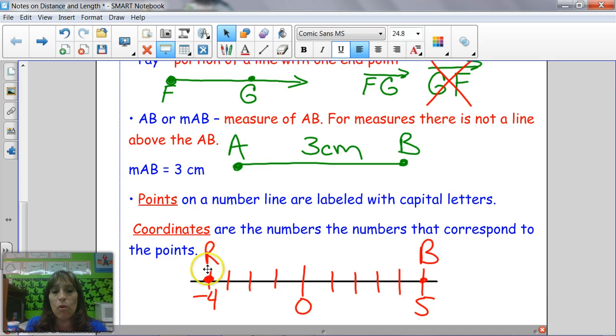Now, the point up here is actually point R, but its coordinate is -4. Down on the right side, point B, its coordinate is +5. So that's basically the difference between the coordinates and the points on a number line: its label and its location on the number line.